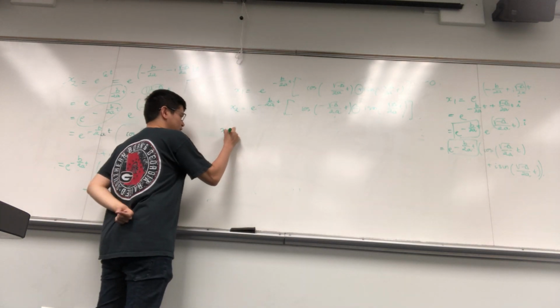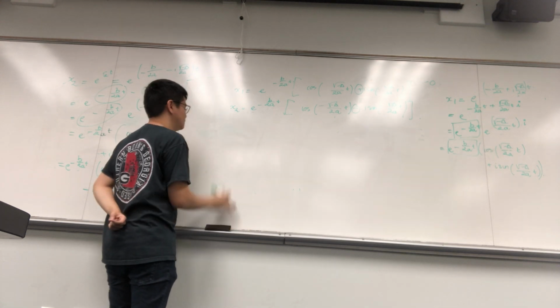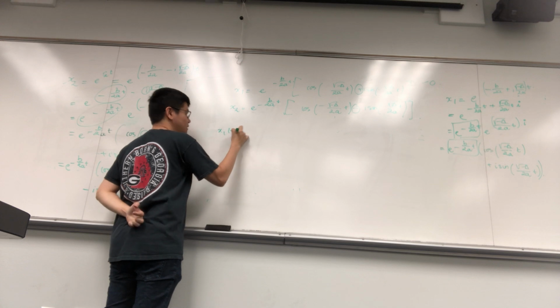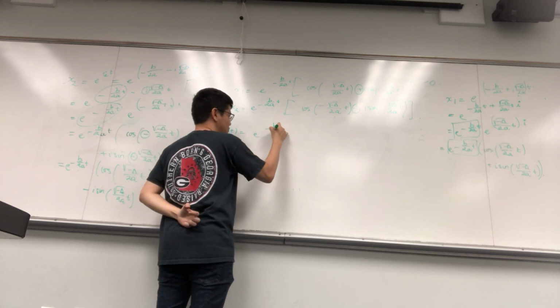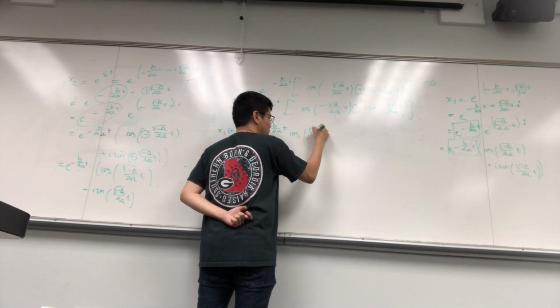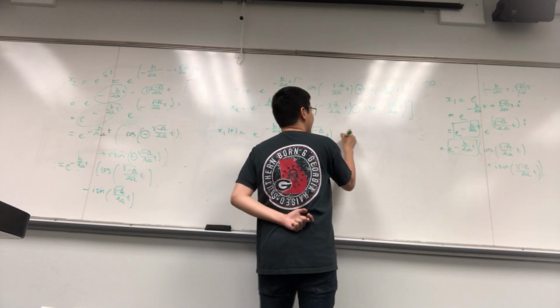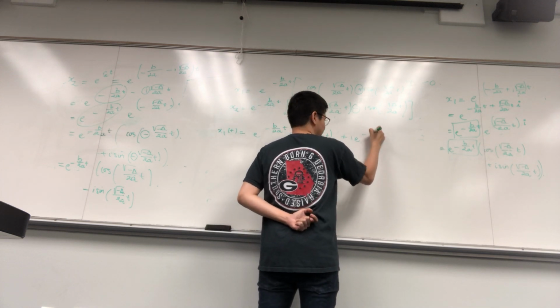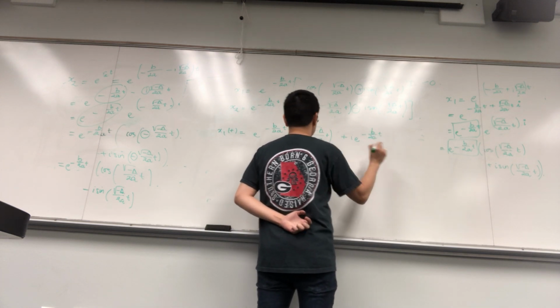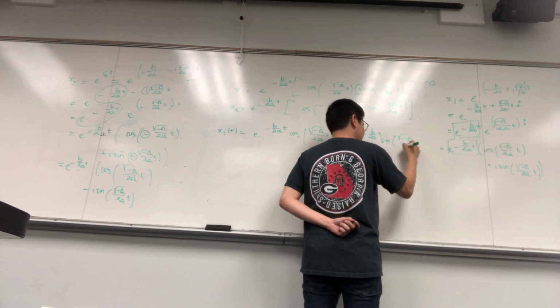So now I define x1 of t to be e to the power b over 2a t cosine of the square root of minus delta over 2a t, and then plus i e to the power b over 2a t sine of square root of delta over 2a t.